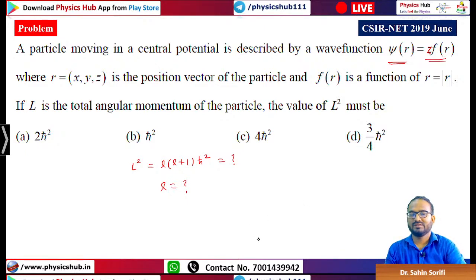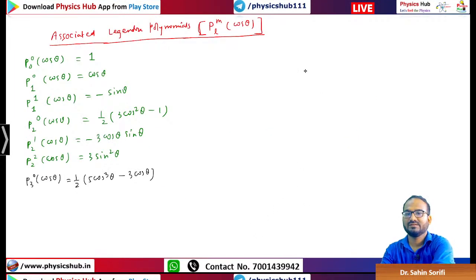Look, we have done the angular part. The angular part is Y Lm of theta phi. What remains? The radial part. You will see later on that it is a function of RNL.